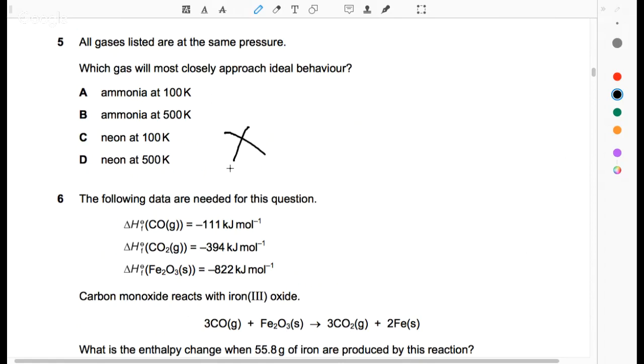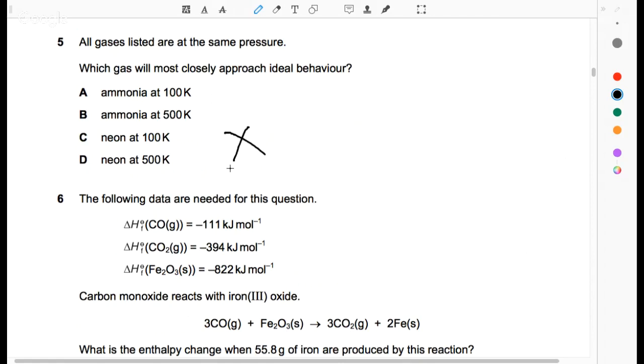D. Yeah, so what are the definitions for ideal behavior? Ideal behavior is where the pressure is inversely proportionate to its volume, and the pressure is proportionate to temperature and number of moles. And the definition of an ideal gas would be that there are no intermolecular forces between the molecules, so the volume is negligible.